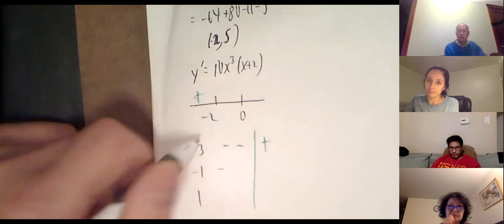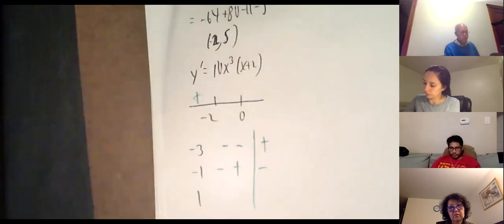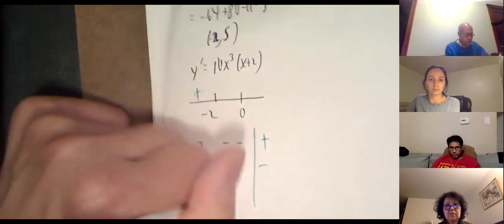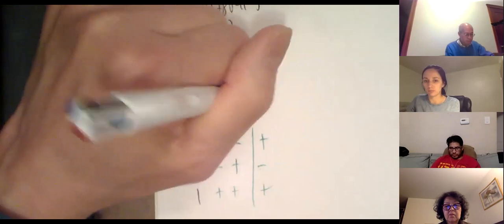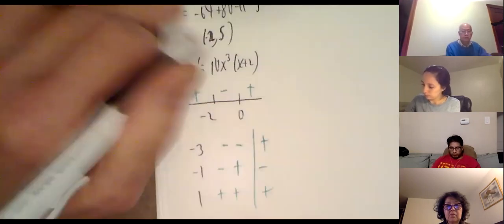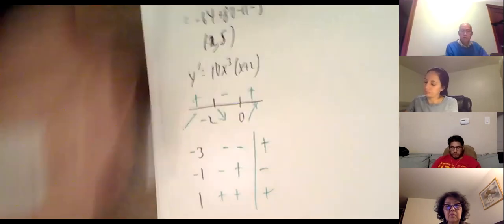Negative 1 plus 2 is 1, positive. Negative times a positive is negative. 1: positive, positive, positive. Oops, forgot to put the negative. Okay, so increasing, decreasing, increasing.